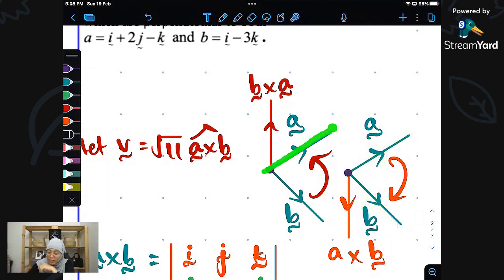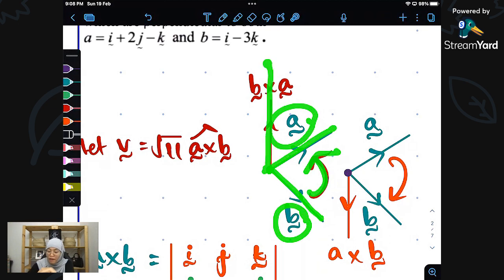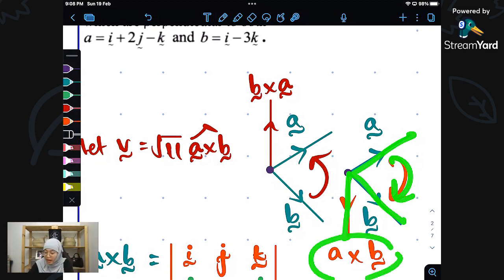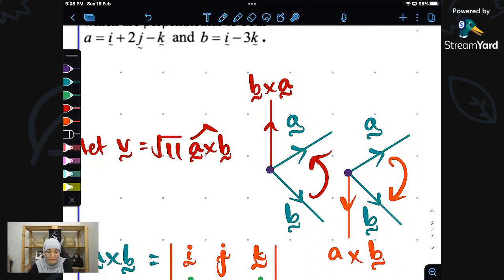Literally got two ways of reading vectors. One is from B to A, we will get the above, B cross A. Another one is A cross B. We will get, dan sebab dia ke bawah, A cross B, so we will get downwards punya vector, which is A cross B.